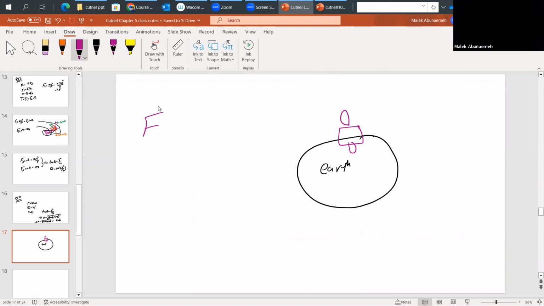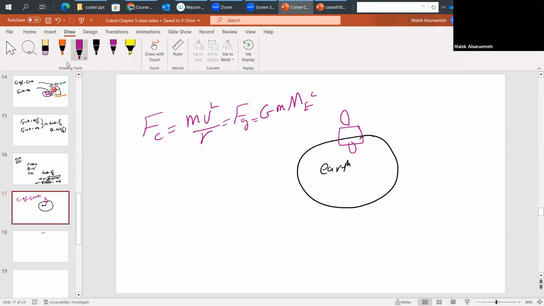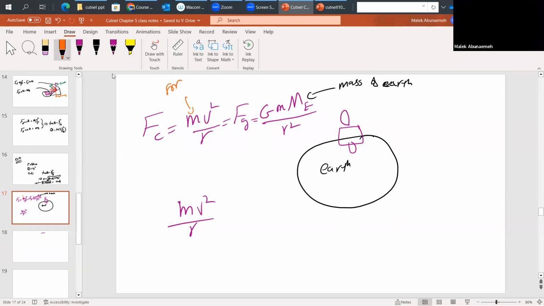The centripetal force of the satellite is mv squared over r, which is going to equal the gravitational force between both objects, which is G m of the satellite times the mass of the Earth, divided by the square of the distance between them.